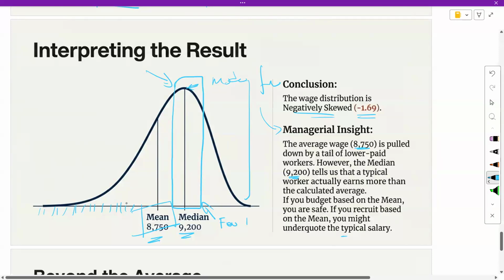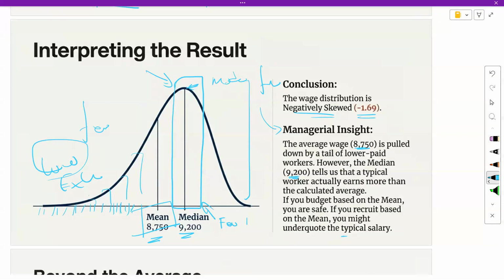But there are a few employees getting low salary, extremely low salary. Those salaries bring the average down. So earlier I misinterpreted. I'm sorry.